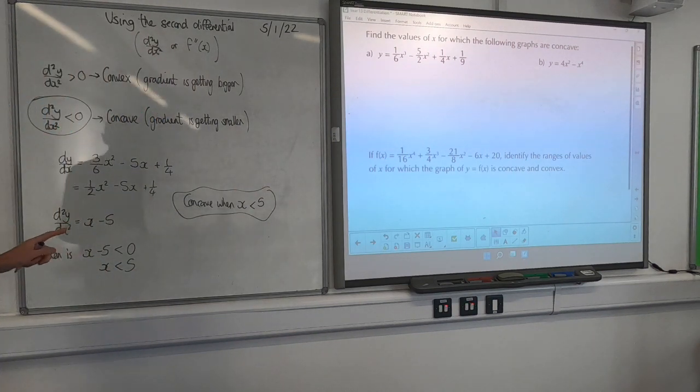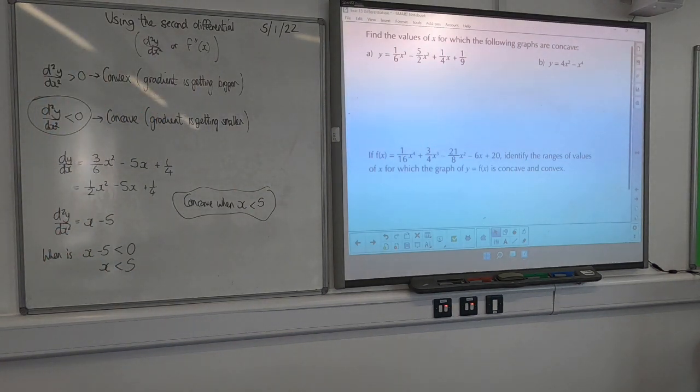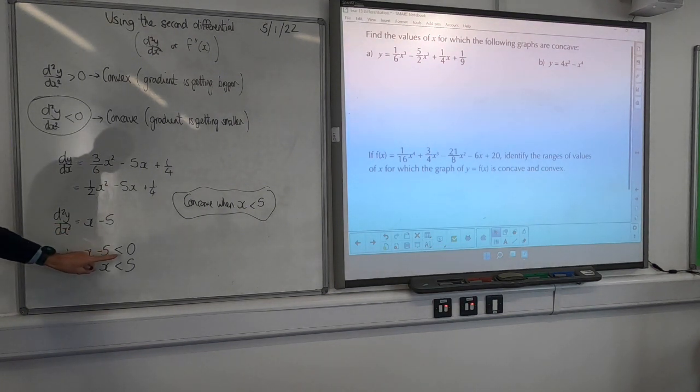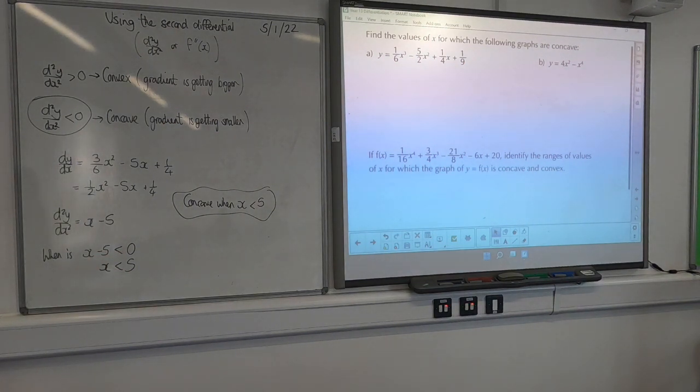So we've got a point of inflection when x is 5, it'll be negative when x is less than 5. So I got my second differential and asked when is it less than 0, not equal to 0, added 5 to both sides, so that told me that it's concave when x is less than 5.